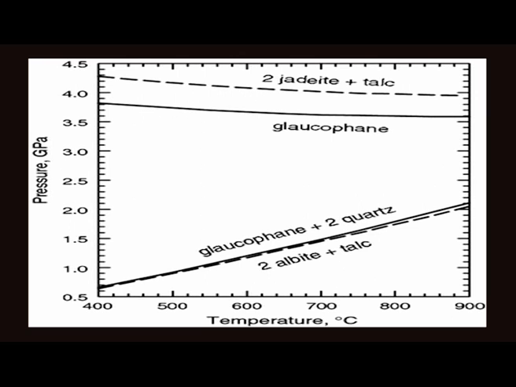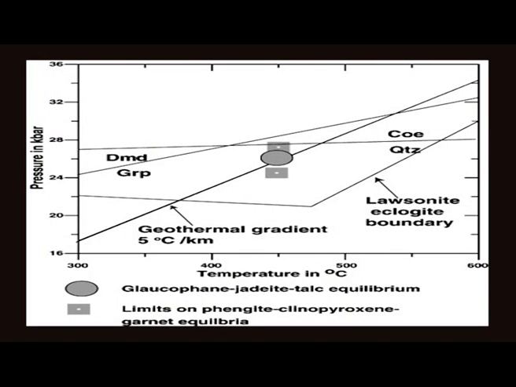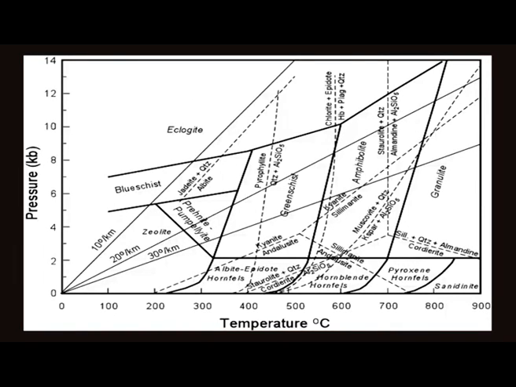Second, lawsonite glaucophane type with jadeite originates at very high pressure, more than 8 kilobar, pressure realized in the lower part of the crust.